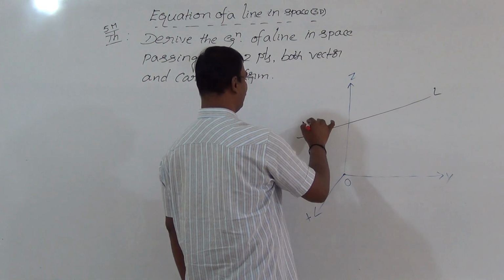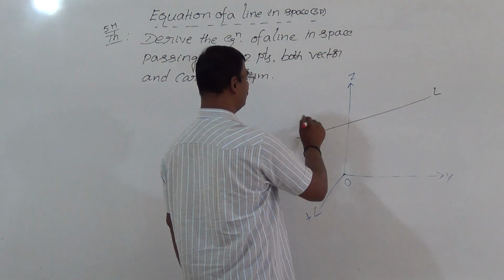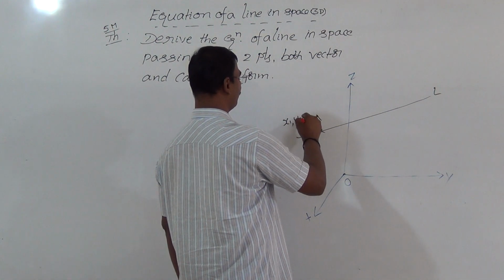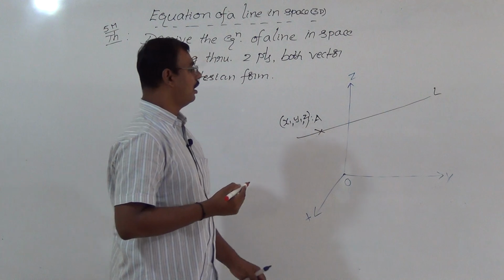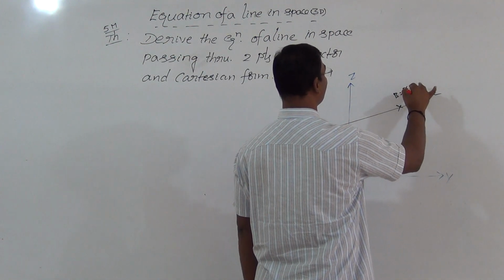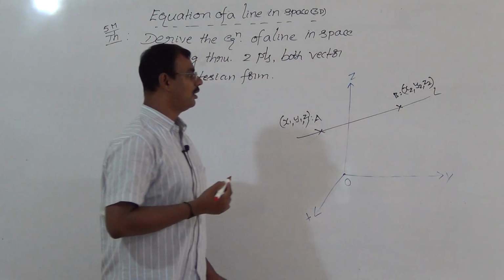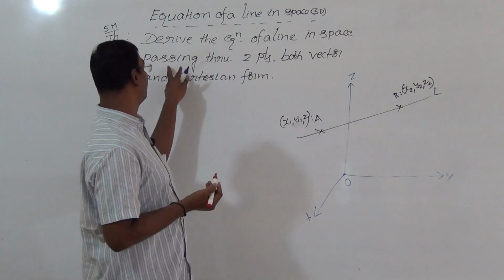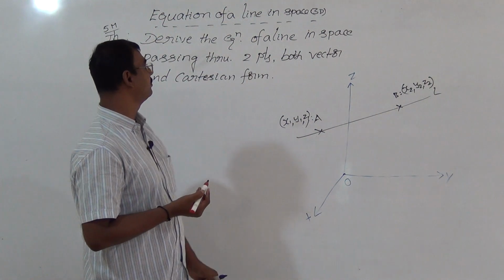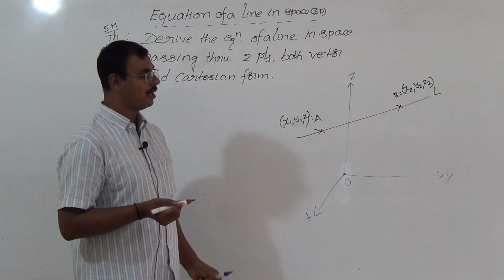A is (x1, y1, z1) and B is (x2, y2, z2). So these are the points on the line L. It means the given line is passing through the 2 points.